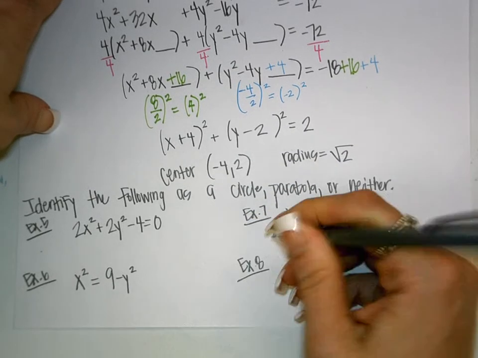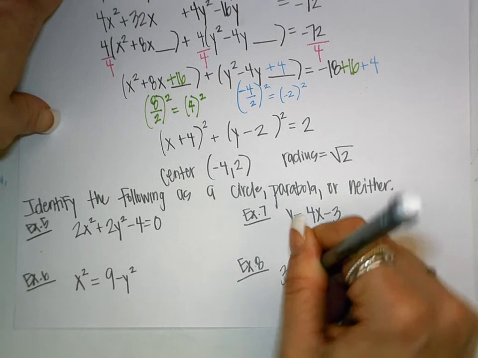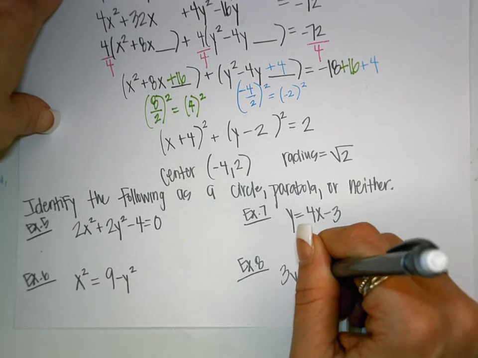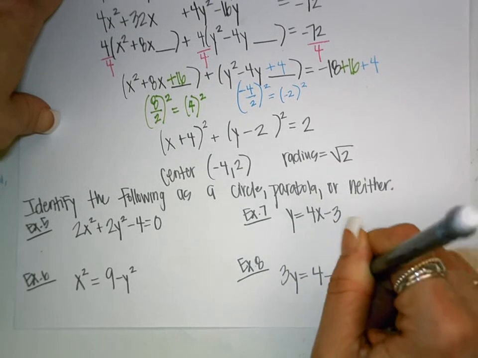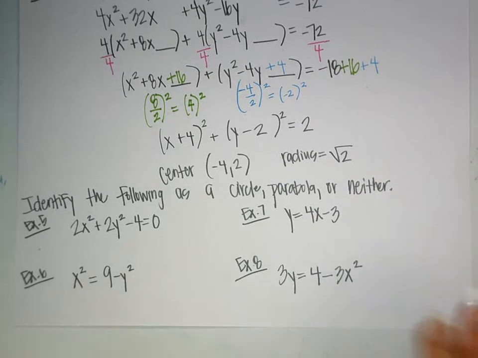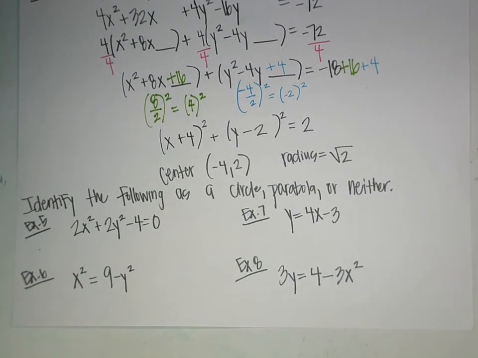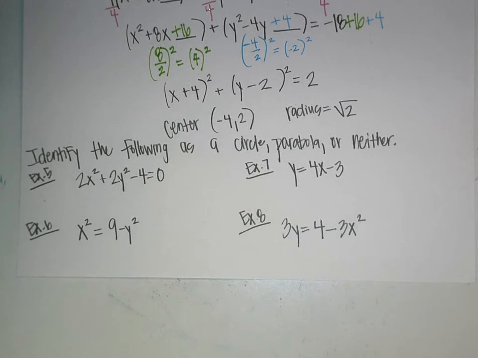And number 8, 3y equals 4 minus 3x squared. Just write those down, and I want you to identify, is this an equation of a circle, a parabola, or neither one?